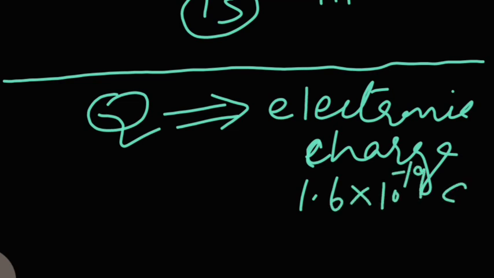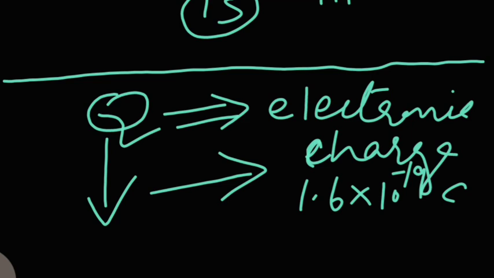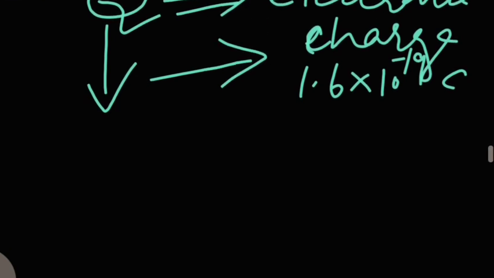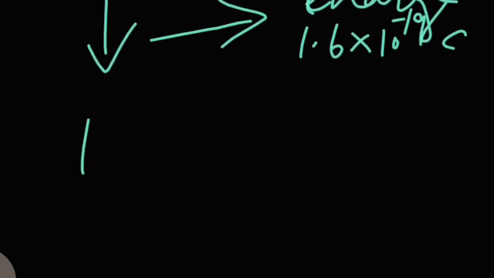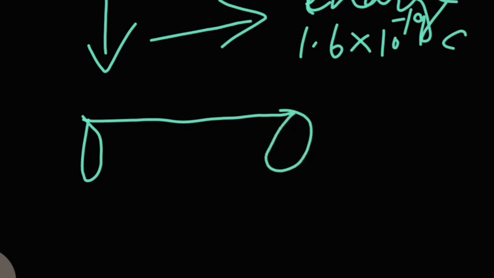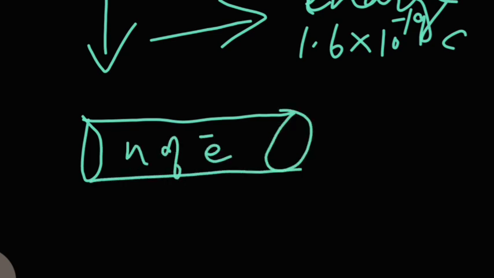So let us suppose that in a conductor we have n number of electrons. The value of n can be 1, 2, 3, 4, 1000, millions, any. Let us consider that n number of electrons are there in a conductor.